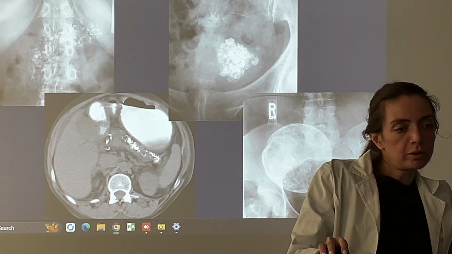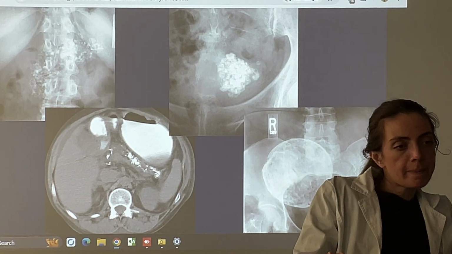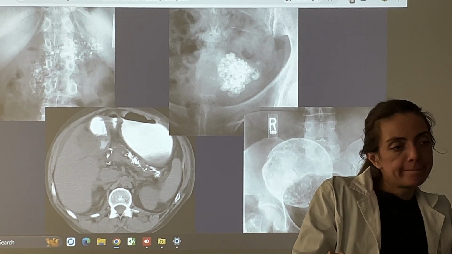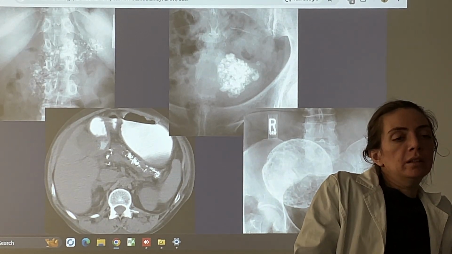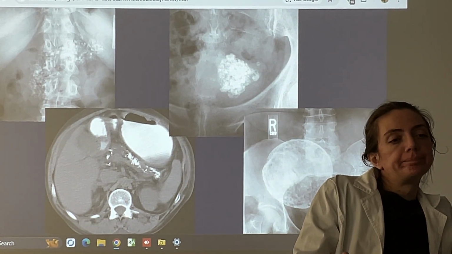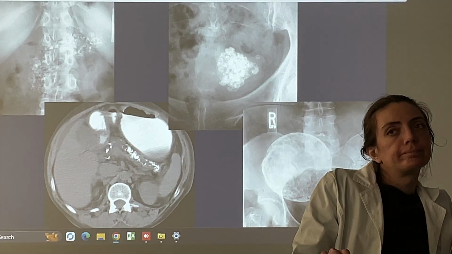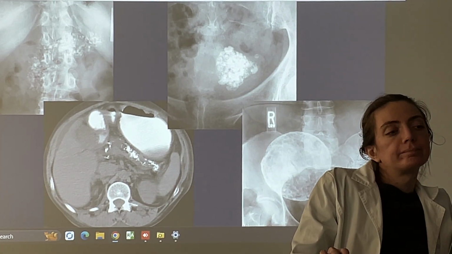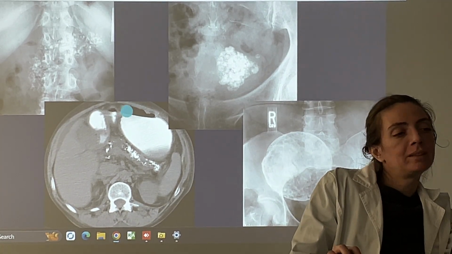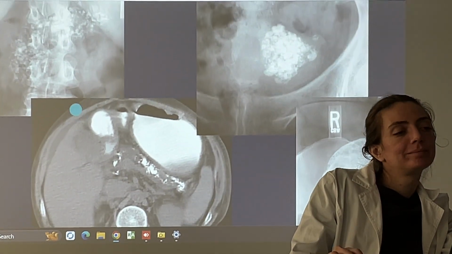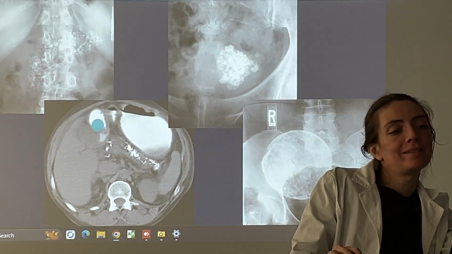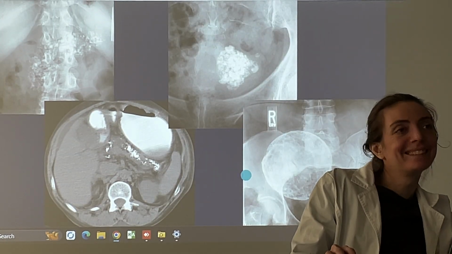What is abnormal on the first image? One by one. Popcorn calcifications. Where do they appear? It's all popcorn.